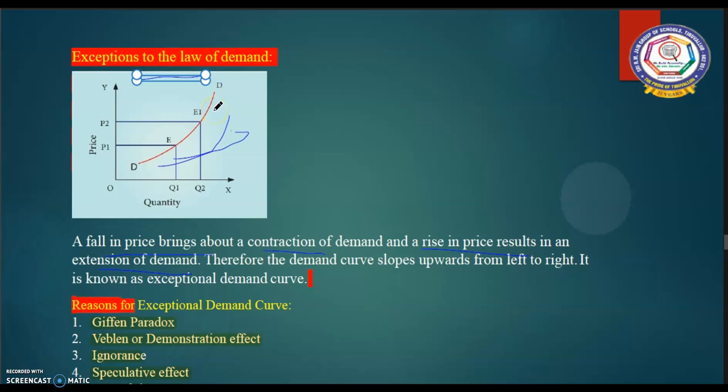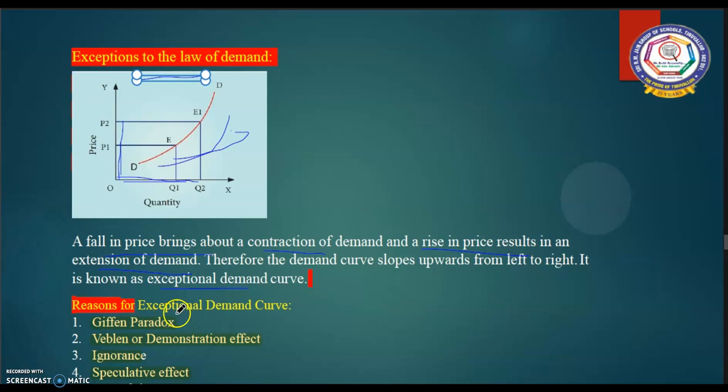It shows that at price OP1, OQ1 is the demand, and when the price rises to OP2, demand also extends to OQ2. So it is known as the exceptional demand curve.